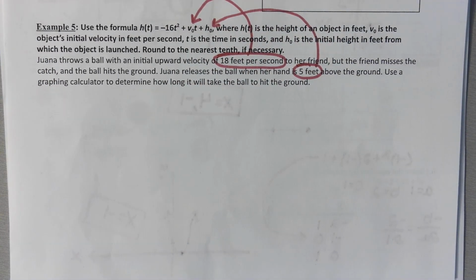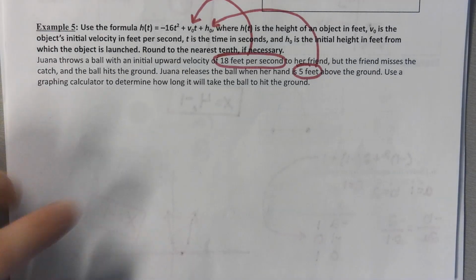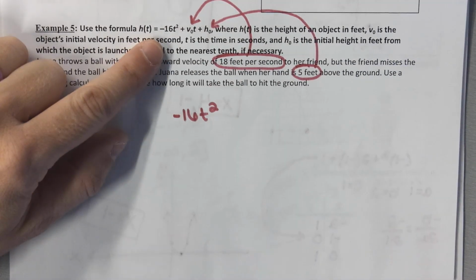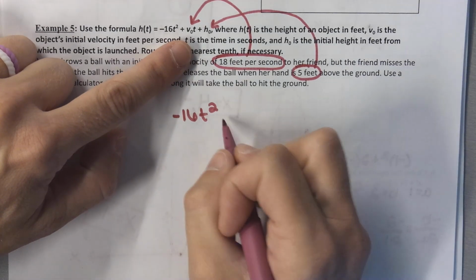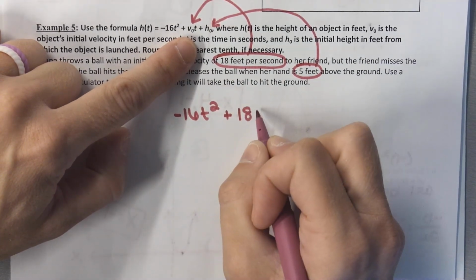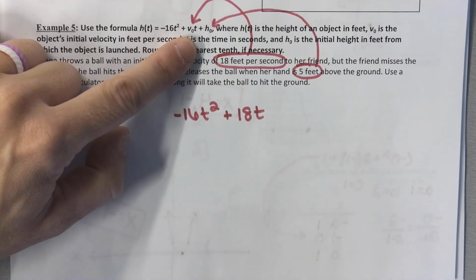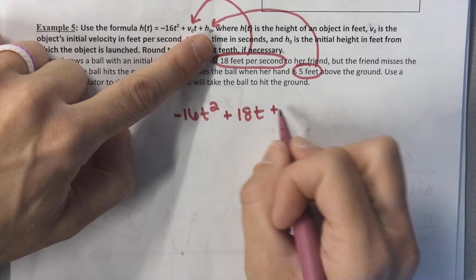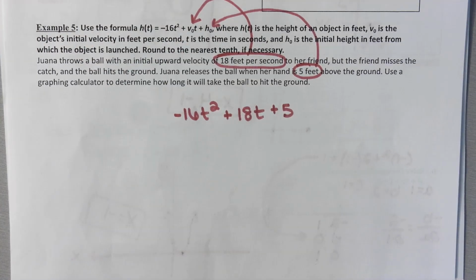So 5 is going to be my initial height. So this equation is negative 16t squared. Again, that part is for our gravitational constant. Plus the speed of the ball, 18, and that was feet per second, plus the initial height, which was 5. So this is my equation.